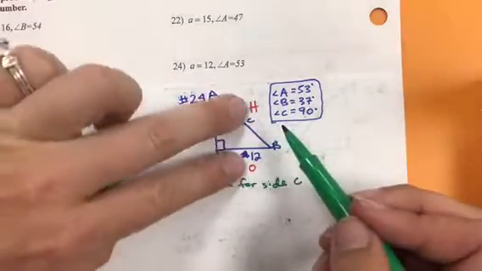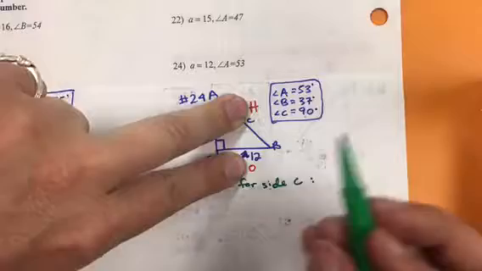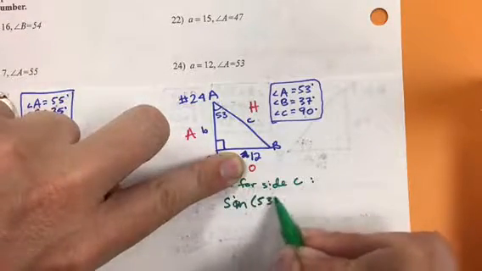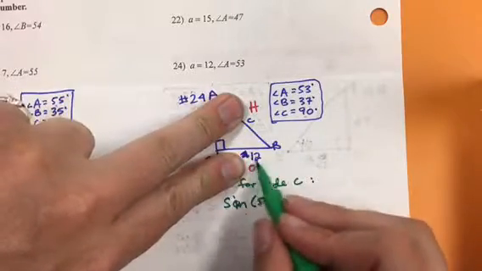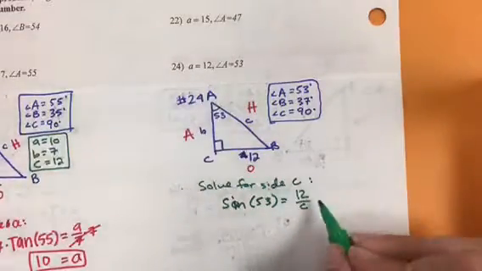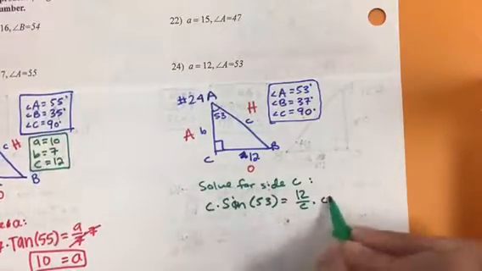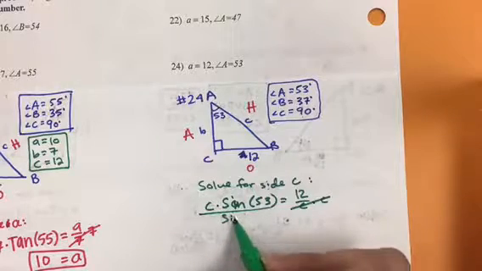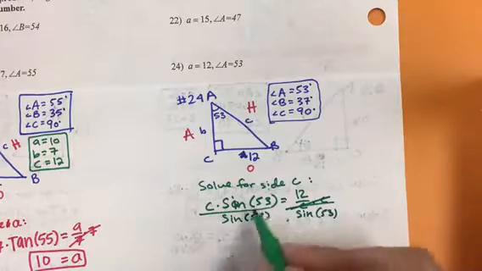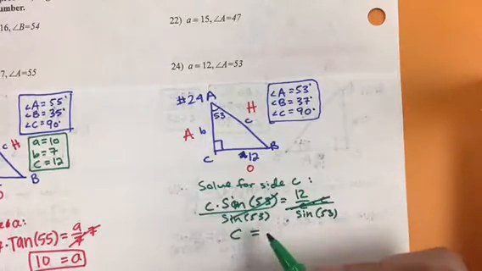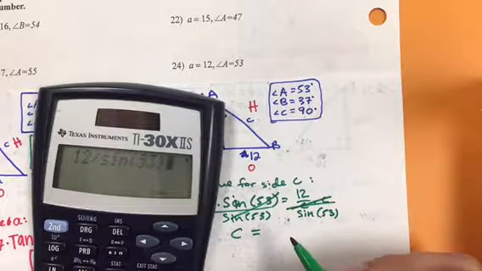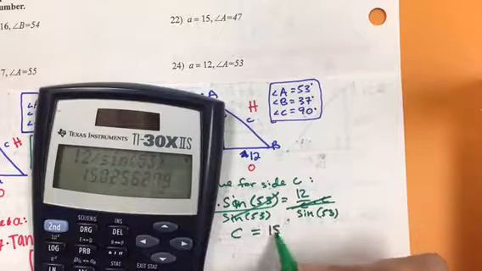That means I'm using O and H. Sine of 53 equals whatever number is with O over whatever letter is with the H. Times by the denominator. Divide by sine of 53. Those cancel out, and C equals 12 divided by sine of 53, 15.